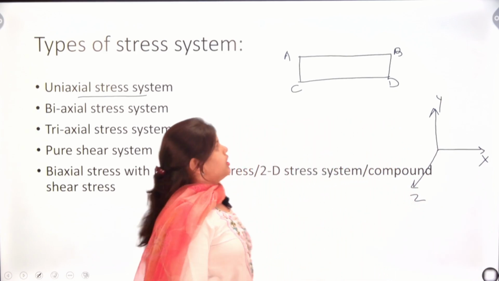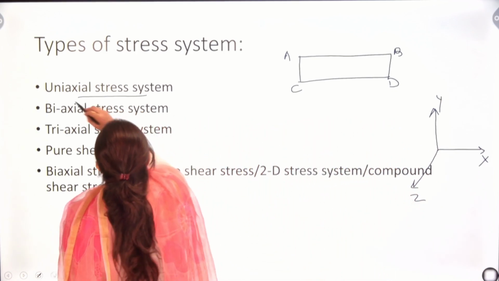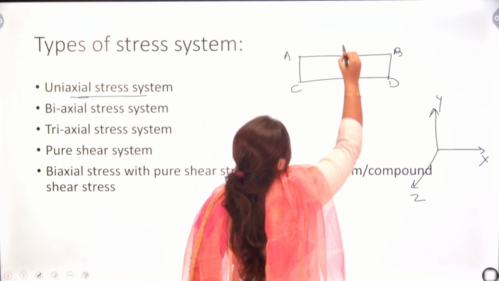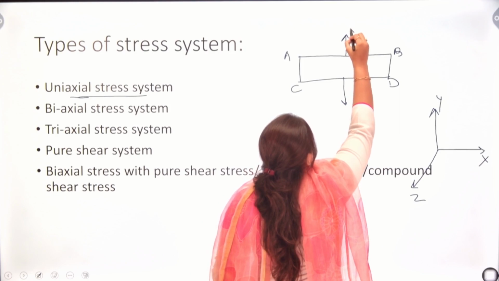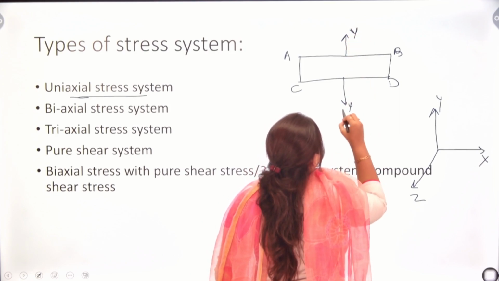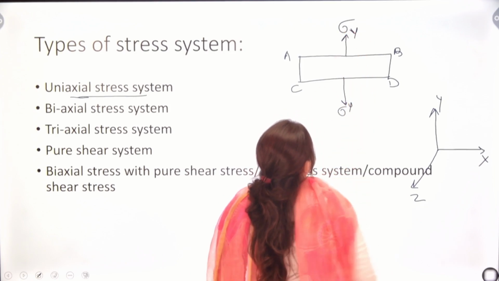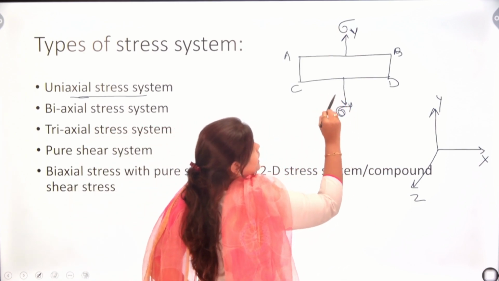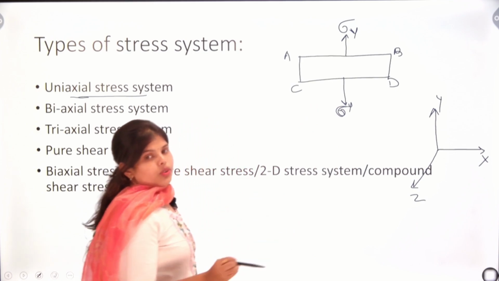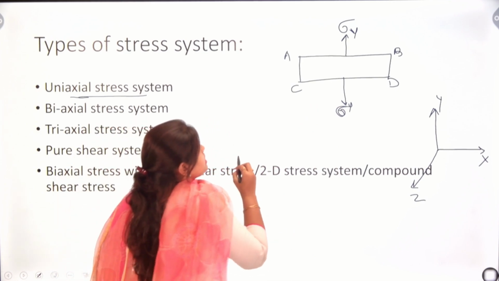If we consider only one direction, that will be our uniaxial stress system. So, here sigma y, okay. In this case, the stress is acting only in one direction. So, we term that as uniaxial stress system.